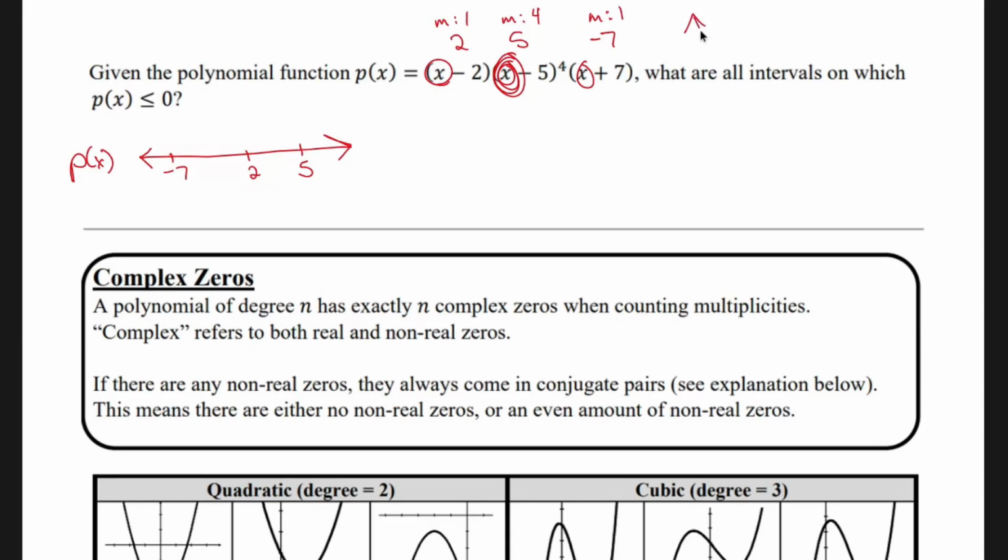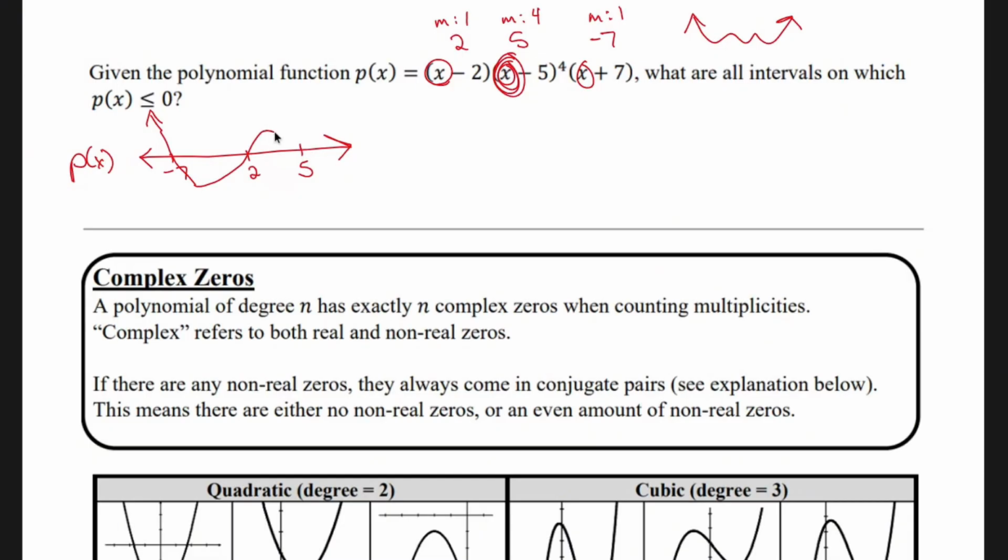So once again, since everything's positive, this is going to happen. I don't care about the bumps though. What I do know is it starts up here and it's going to hit -7. When it hits -7, it goes through because the multiplicity is 1. I don't know what happens down here, but it's going to go through 2 because the multiplicity is 1.